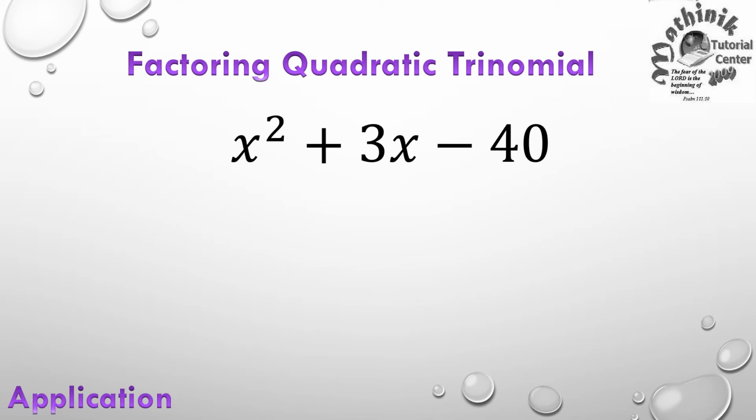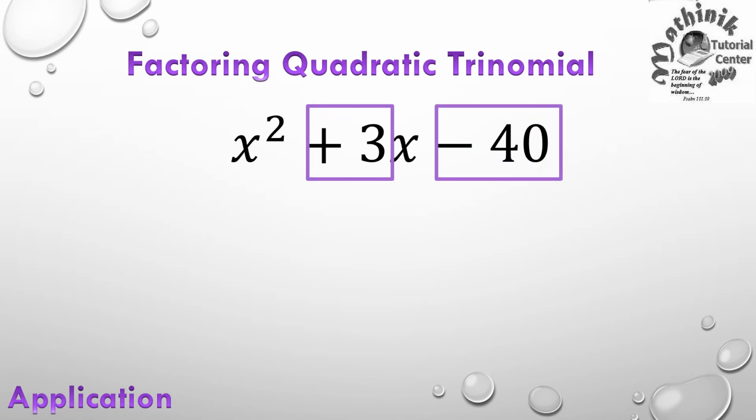Let's say we have x squared plus 3x minus 40. So in here, we get the value for b and c. We have b equal to 3 and c equal to negative 40. So we are thinking of two numbers whose sum is 3 and whose product is negative 40. What are these two numbers?